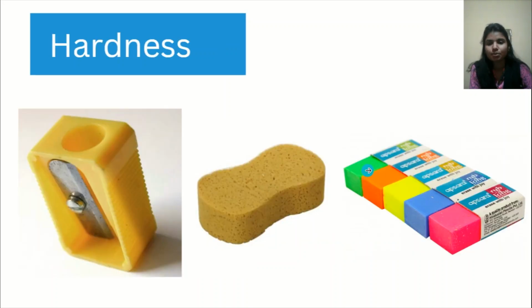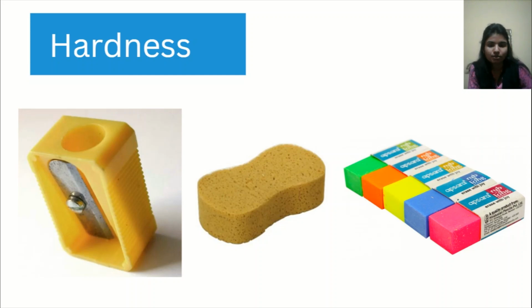Now the third property of the material is based on their hardness. There are certain objects that cannot be compressed easily, and there are some objects which can be easily compressed. So the objects that can be compressed easily are called soft materials, and those which cannot be compressed easily are called hard materials.